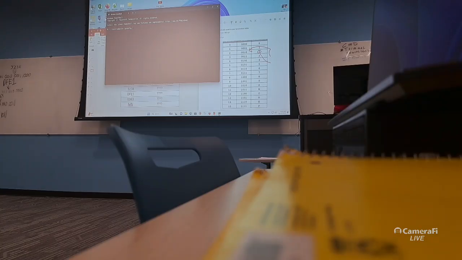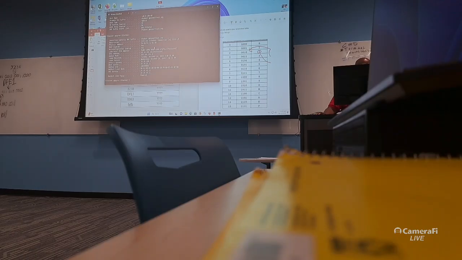Are you with me? Everybody with me? ipconfig /all is going to give you some very important information about this computer.